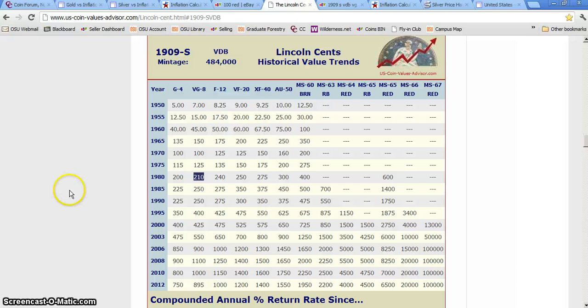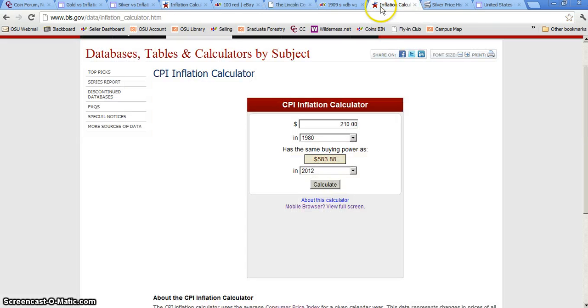Now here's a historical value trend for the 1909 SVDB, and let's assume that in 1980 you bought a coin for $210. Now let's return to our inflation calculator. $210 in 1980 has the buying power of $583 in today's money.